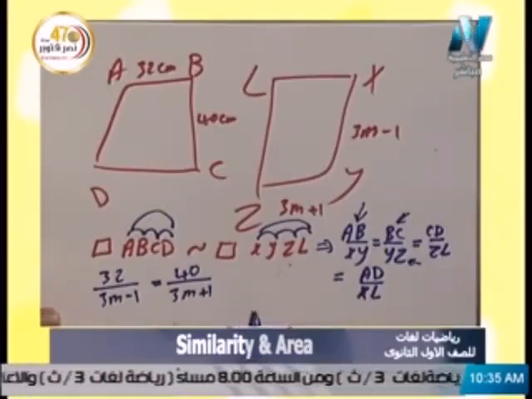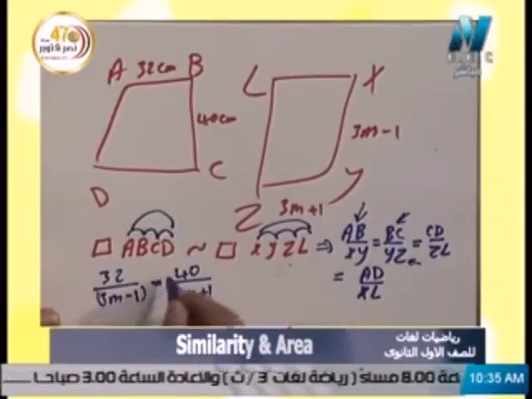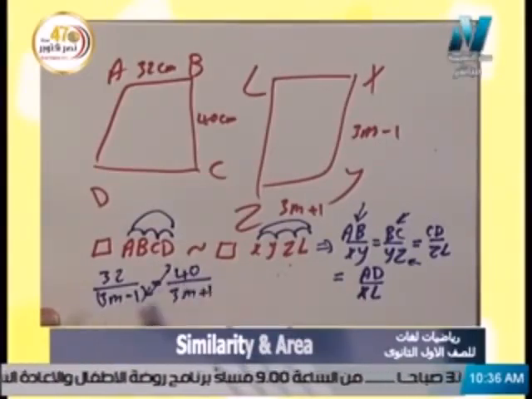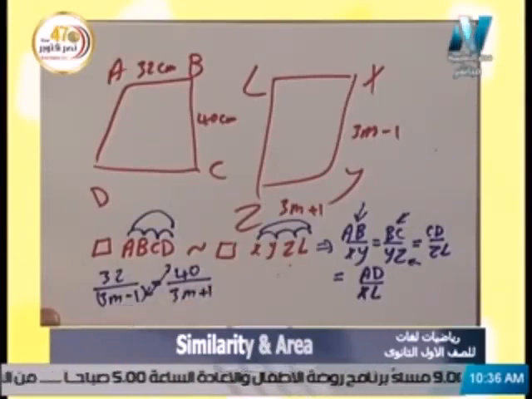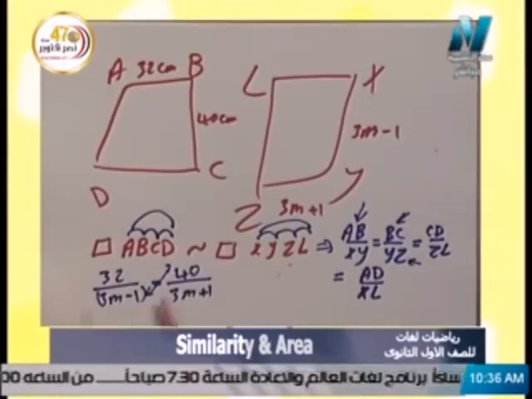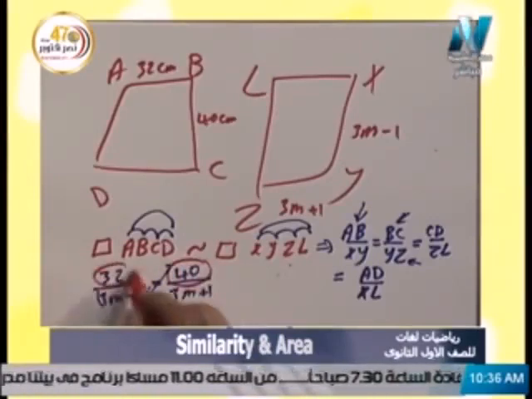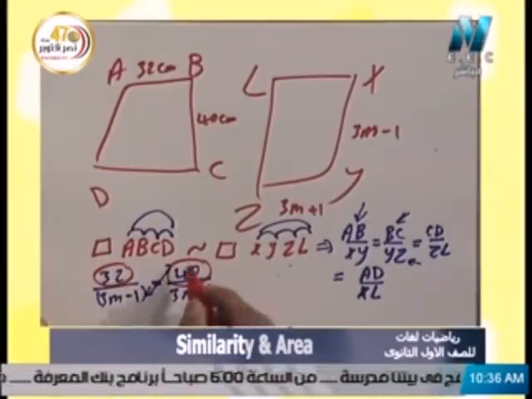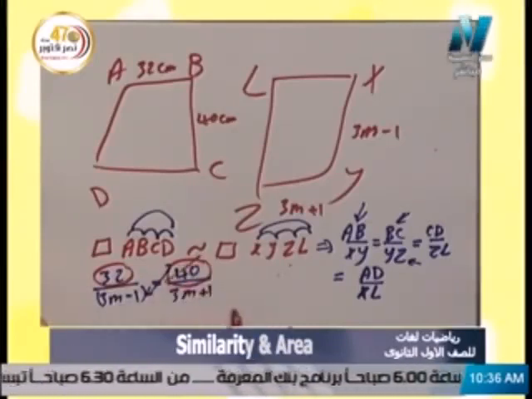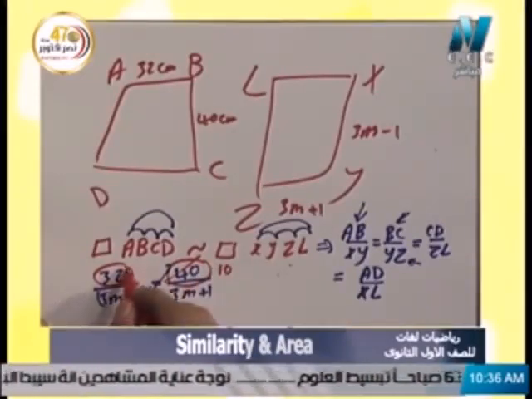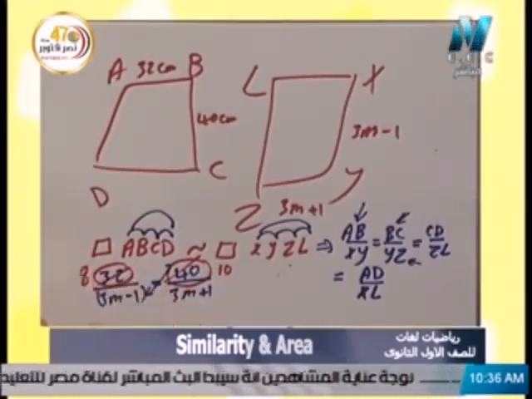And using cross multiplication, we multiply 40 by 3m minus 1. And before multiplying, we can simplify the numbers. Here we have 40 and 32, all of them divisible by 4. So we divide this one by 4, it will be equal 10, and 32 divided by 4 will be 8.